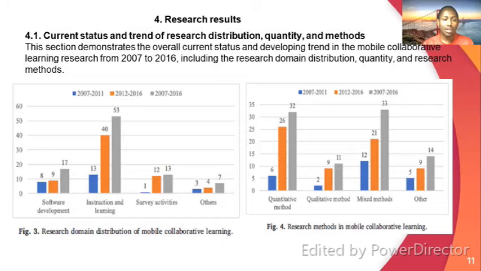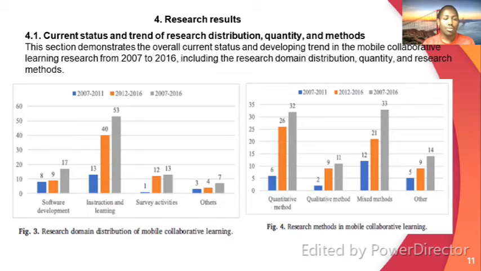Software development, instruction and learning, survey activities, and other are the research domains. The blue one indicates the first period, from 2007 to 2011, the orange one is the second period, from 2012 to 2016, and the gray one is the sum of these two.